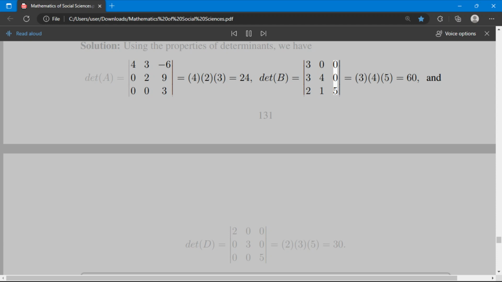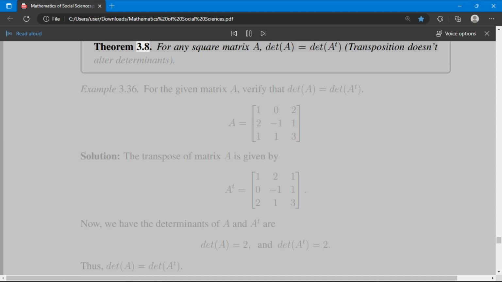Det B equals 3 times 4 times 5 equals 60, and det D equals 2 times 3 times 5 equals 30.